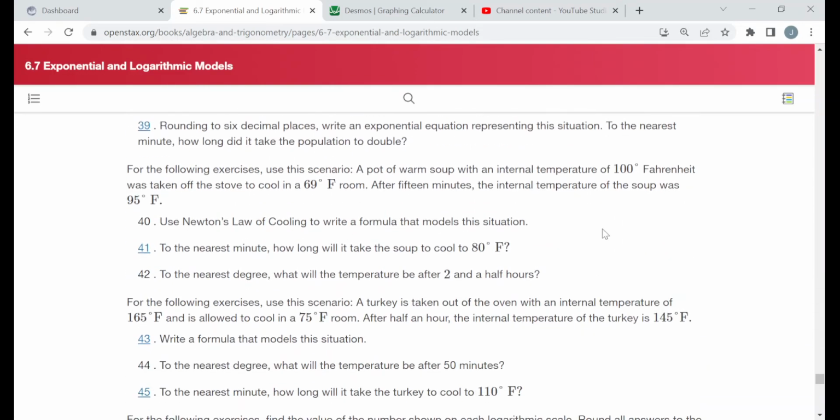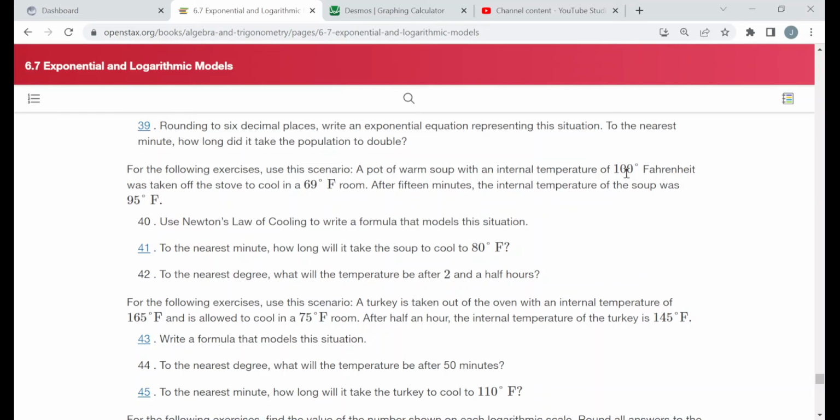Here we go. So for the following exercises, use this scenario. A pot of warm soup with an internal temperature of 100 degrees Fahrenheit was taken off the stove to cool in a 69-degree room. So that's the T_s, right? 69 degrees is the temperature of the surroundings.